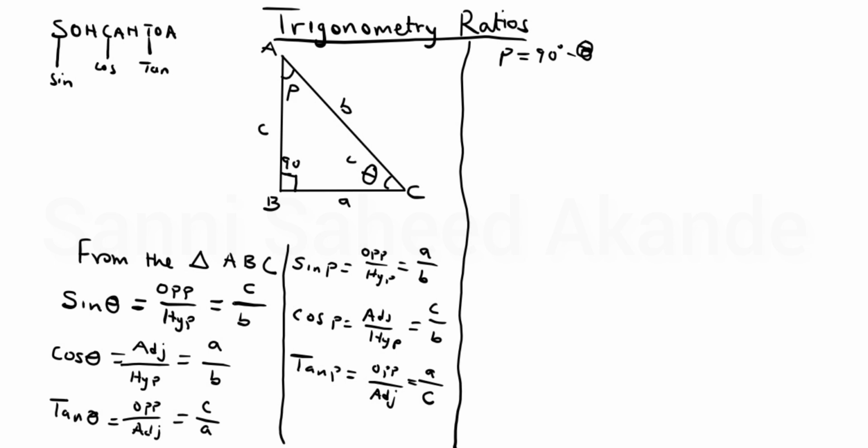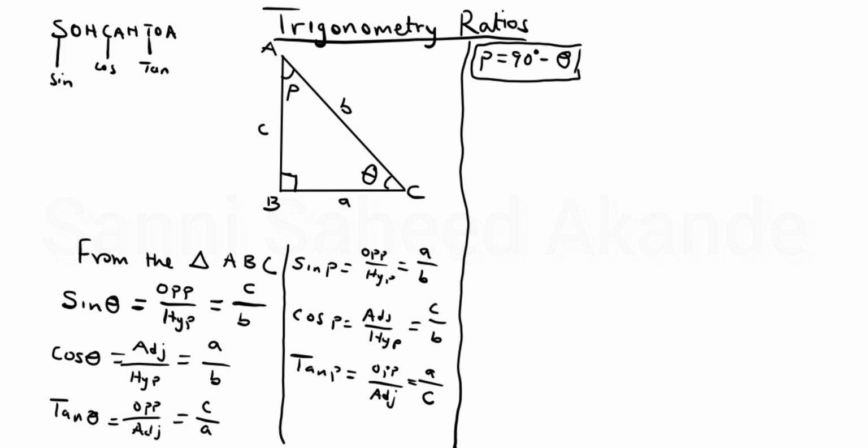Let's continue. So now we have said that our P will be equal to 90 degrees minus theta. So take note of this, it is very, very important. Now let's go back to all these trigonometric ratios we wrote here.